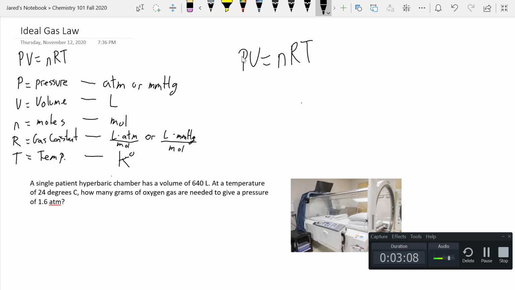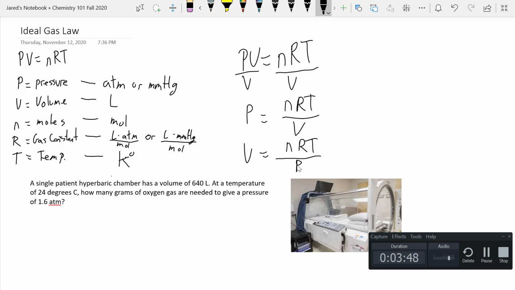If we want to solve for P, we need to get rid of the V, and so we would divide both sides by V, and we would be left with P equals nRT over V. We can do the exact same process to solve for V instead of solving for P. And if we do that, we would be left with V equals nRT over P. So in this way, now if a question asks us what's the pressure, we know that we can use these variables to solve for it.